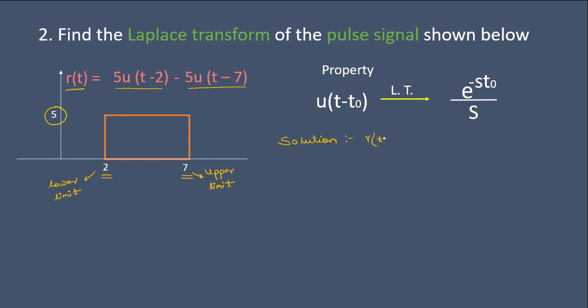It is r of t equal to 5 u of t minus 2 minus 5 u of t minus 7. Again, if you compare this u of t minus 2 with u of t minus t naught, the Laplace transform of u of t minus 2 will be e raised to minus 2s upon s, with this 5 as it is.